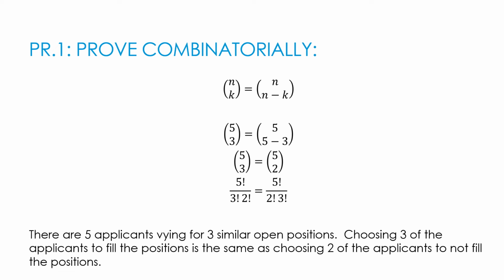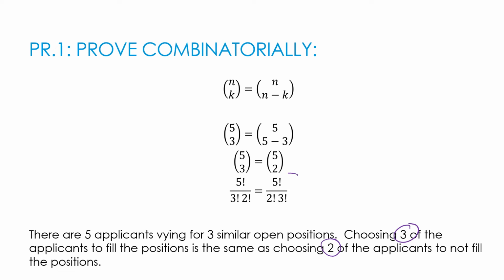So keep in mind that you could have described this differently than I do. I just went straight for the 5 applicants vying for 3 similar positions again. And what I can say is 5 choose 3 is me choosing 3 of the applicants to fill the positions, and n choose n minus k would be 5 choose 2, which is essentially me saying I'm choosing 2 applicants that will not fill the position.